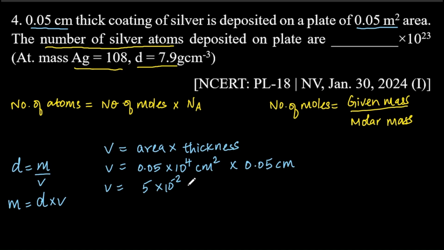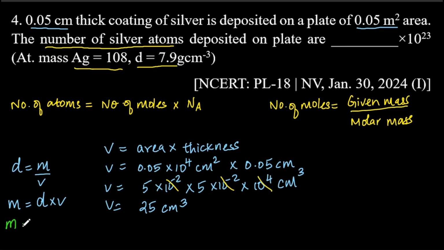Then another one 0.05 is also there. That one also you can write as 5 into 10 power minus 2. And in this calculation 10 power 4 is also there. So all the power will be cancelled and centimeter cube is there. So volume equal to 5 into 5, 25 centimeter cube. So in this case, the powers are getting cancelled.